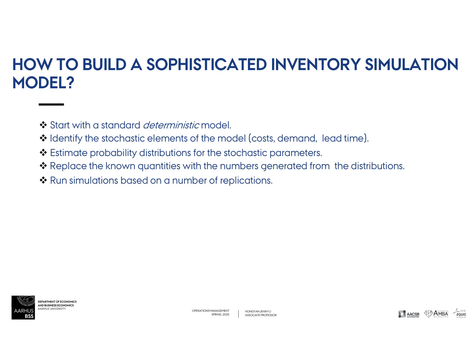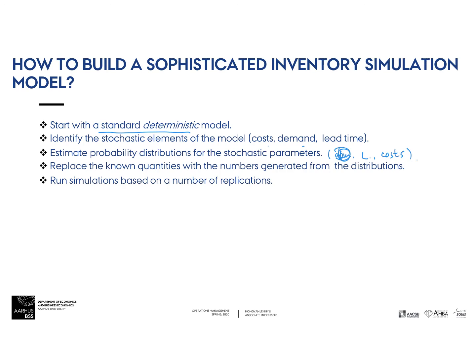So here we have these slides to talk about how to build a sophisticated inventory simulation model. You can start with a standard deterministic model, identify the stochastic elements of the model, for example cost, demand, and lead time, and then estimate probability distributions for the stochastic parameters. Normally demand and lead time can be stochastic, but sometimes costs can also be stochastic.